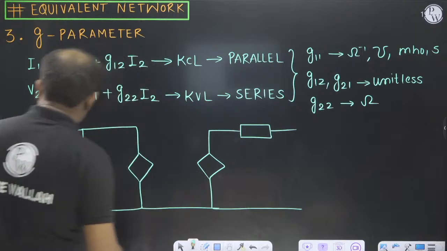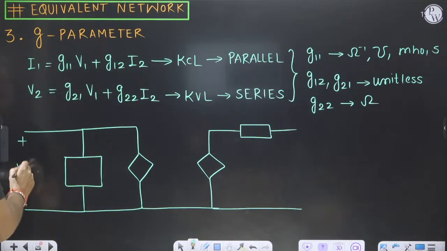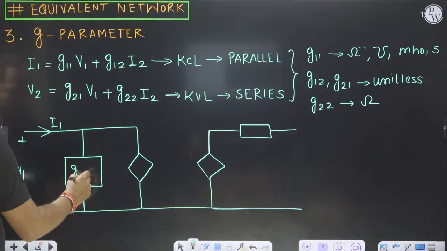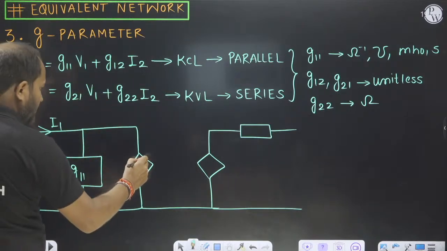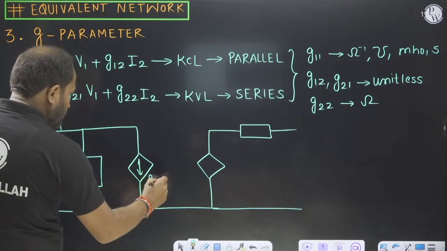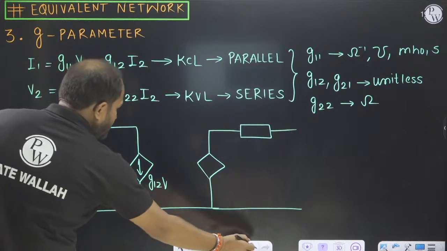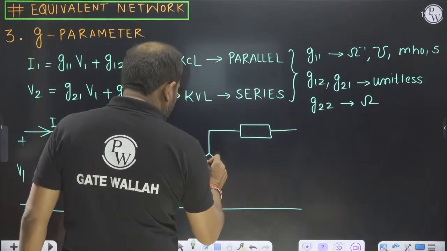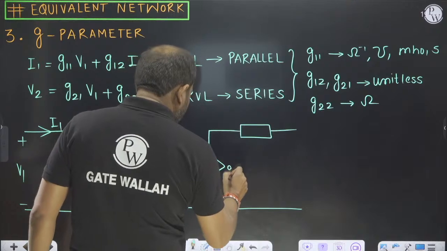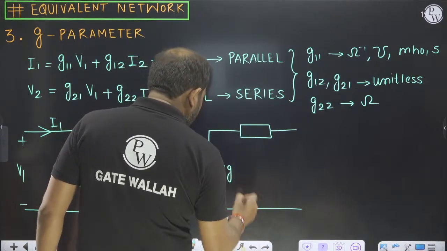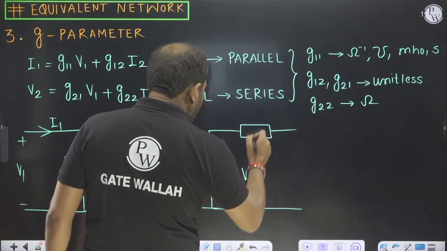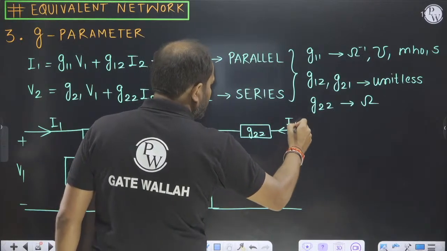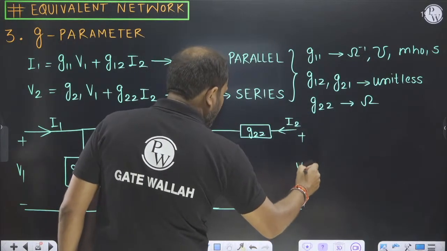This one is V1, this one is I1, G11 and G12, I2. And second case, G21, V1 and G22, I2.